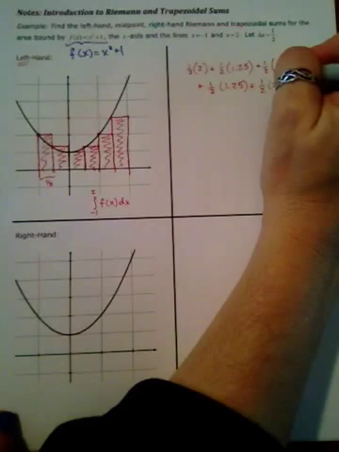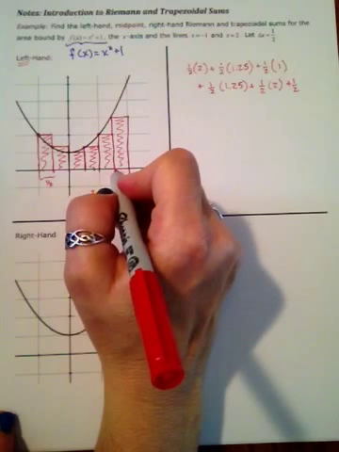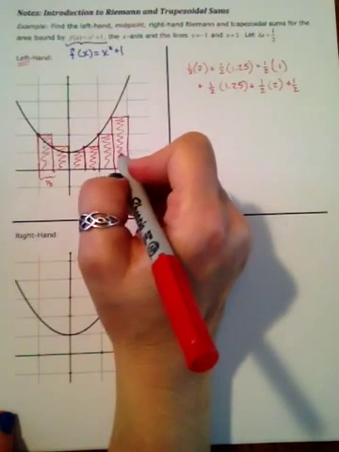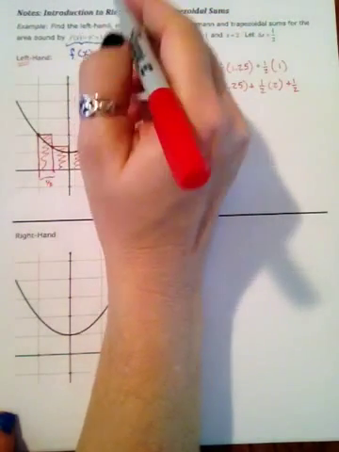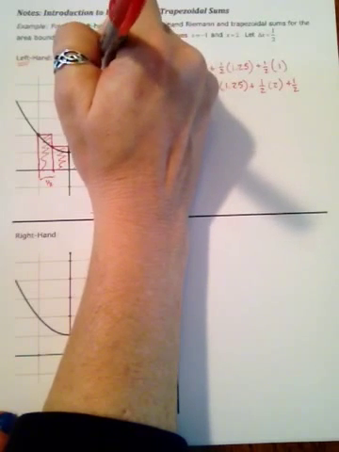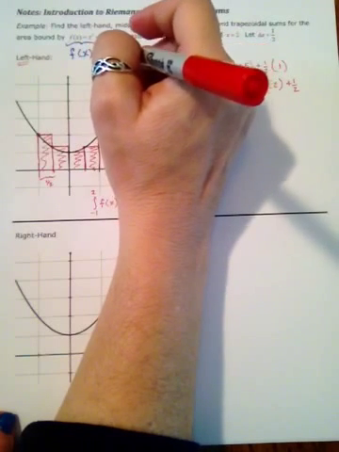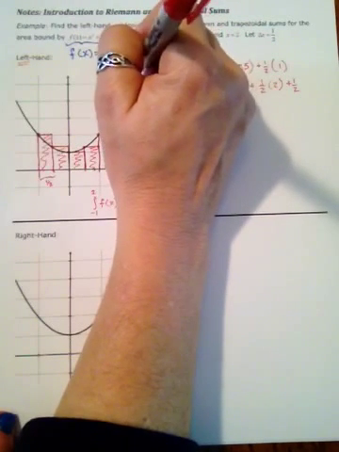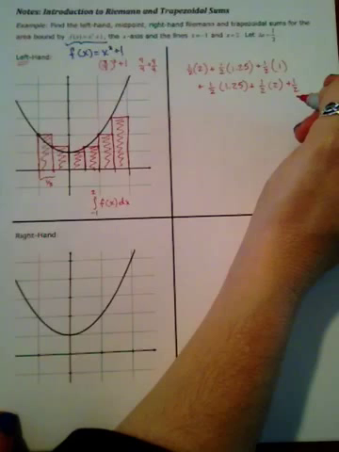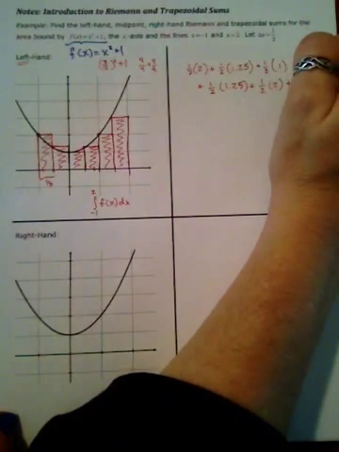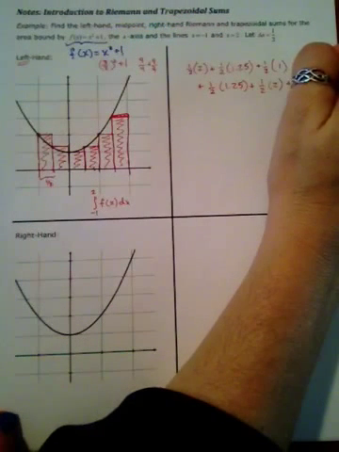For my last rectangle, a base of 1/2, and when I plug in the left-hand side, 1.5, I have 3/2 squared plus 1, which is 9/4 plus 4/4, so 13/4, or 3.25. And you can see that I probably should have drawn that a little higher to include it.